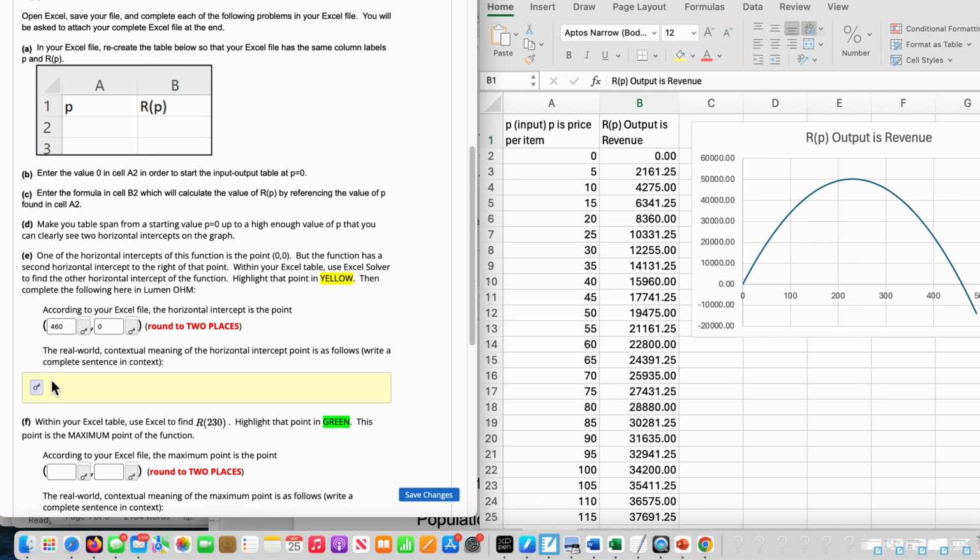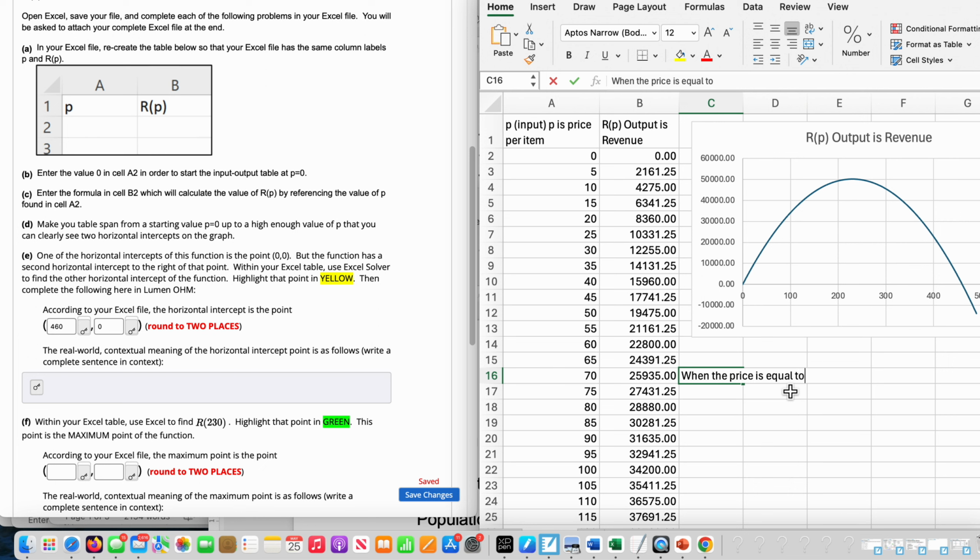So what I would say here is, it's not letting me enter in that box. What I would say here is that when the price is equal to $460, the revenue is $0.